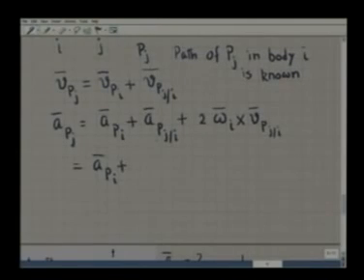There are two components of this APJI. The path of Pj in body i is known. So this has two components, one normal to the path and the other tangential to the path.